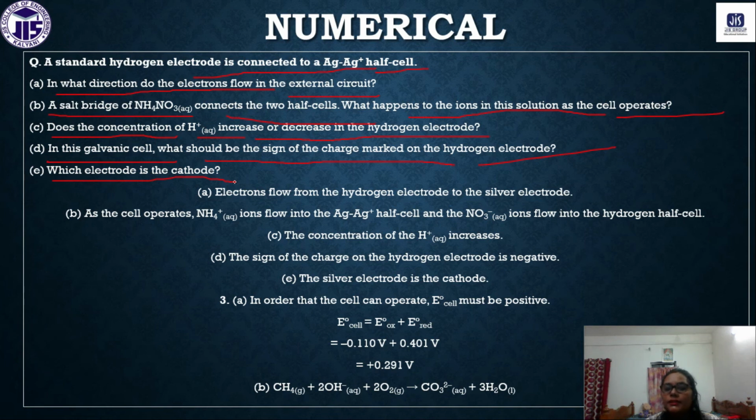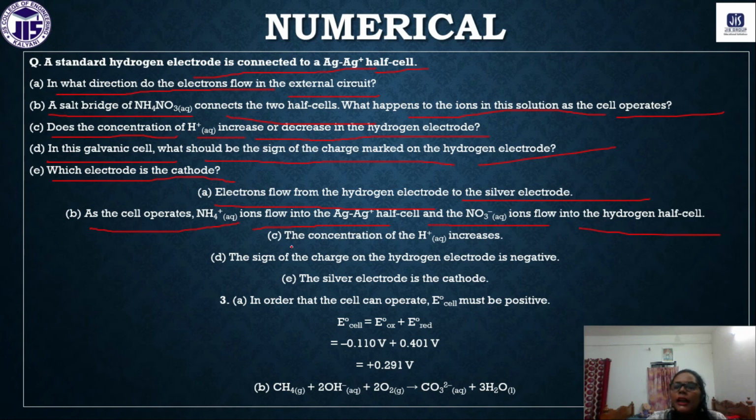Okay, so these are some of the questions, easy questions. There are so many questions you can see here, but they are easy. You can see, electrons flow from the hydrogen electrode to the silver, right? Very good. According to the potential, as the cell operates, ammonium ions flow into the silver plus half cell, and the nitrate ions flow into the hydrogen half cell.